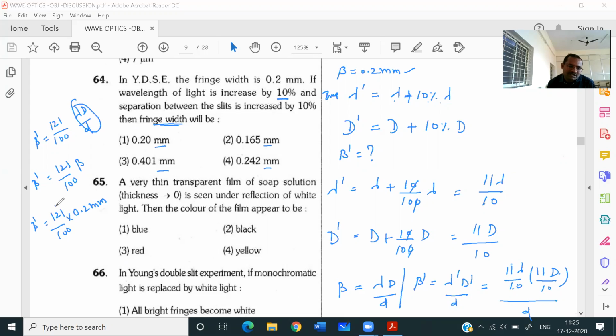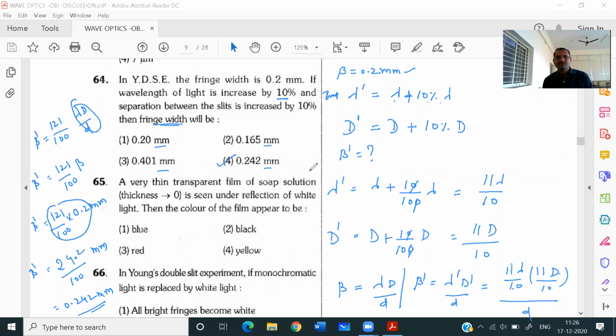Now just calculate: beta dash is 0.2 into 121, which is 24.2, divided by 100 millimeter. So 24.2 by 100 becomes 0.242 millimeters. Correct? Yes, 0.242. Option 4 is there. Perfect answer. Calculations need to be correct.